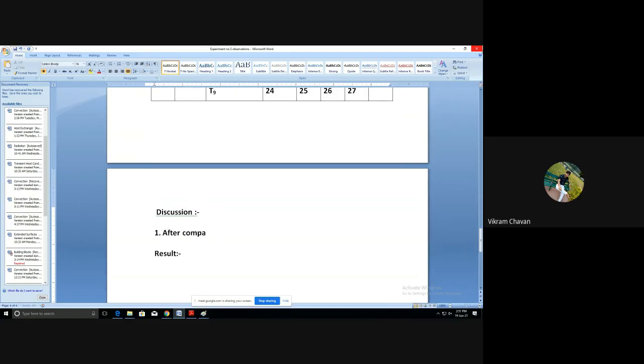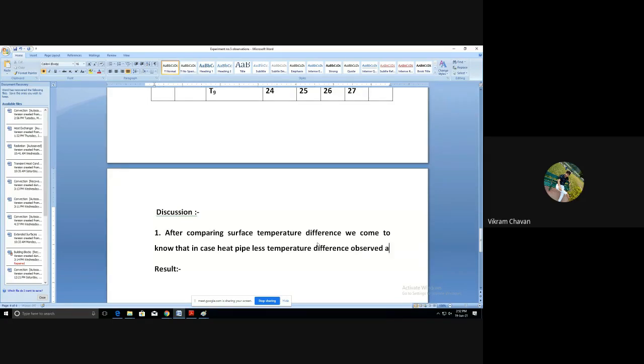After comparing the surface temperature difference, we come to know that in case of heat pipe, less temperature difference is observed as compared to the other two pipes.